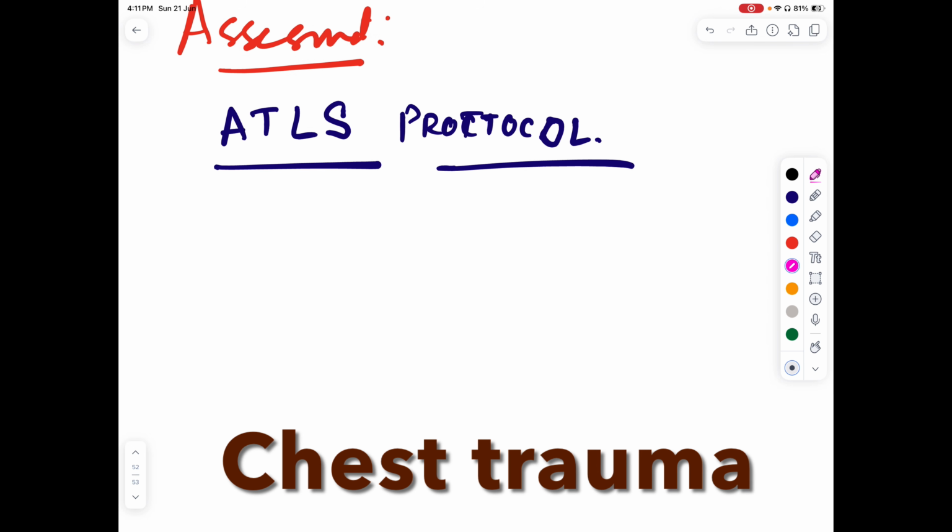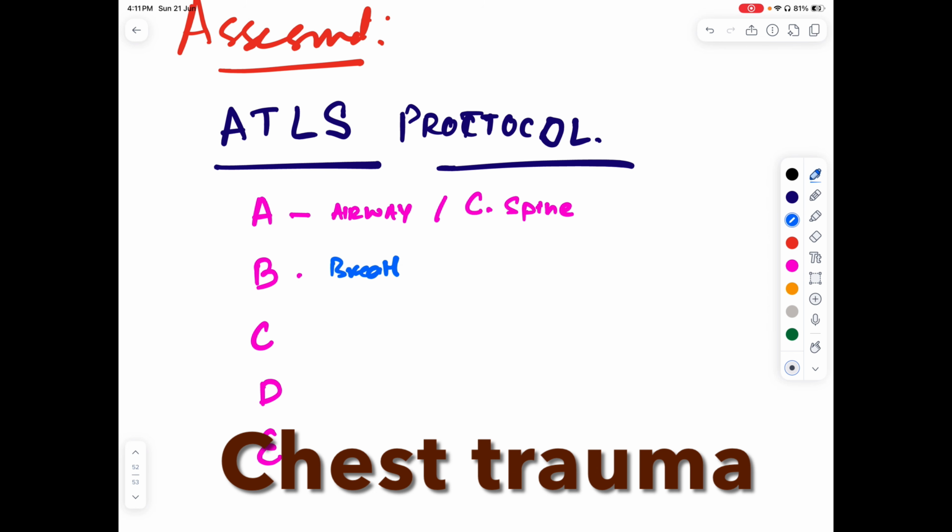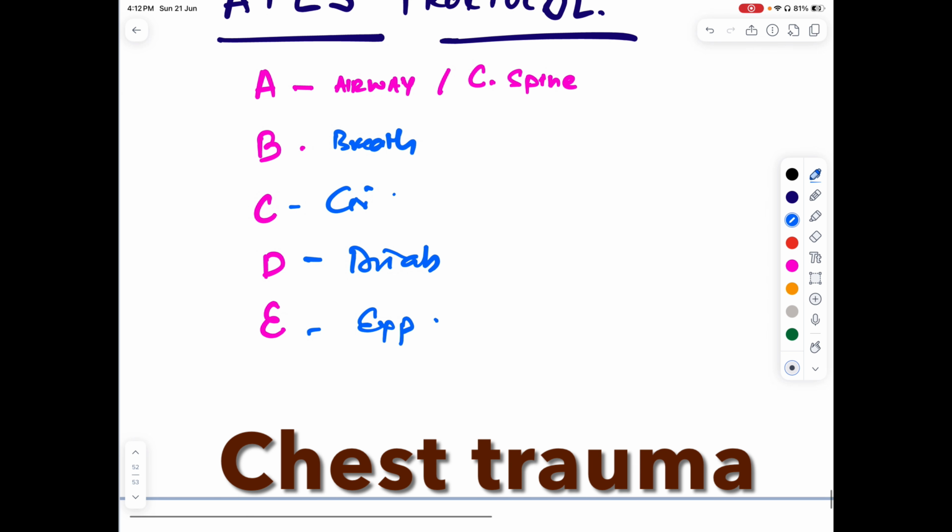These general principles are A, B, C, D, E. A is airway, along with stabilization of the cervical spine. Then B is breathing, C is circulation, D is check the disability, E is exposure. So you have to check about this.